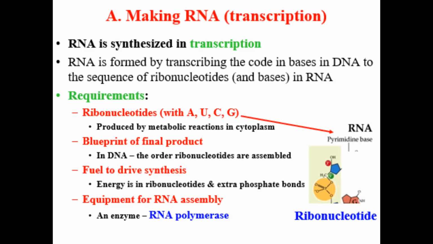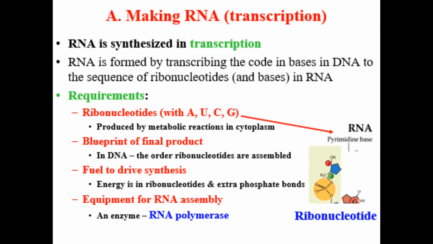You also need some energy to carry out these reactions, basically joining these ribonucleotides together. We looked at phosphate in ATP and energetics and saw that there was a big role of phosphate. And you notice that every one of these nucleotides has phosphate.